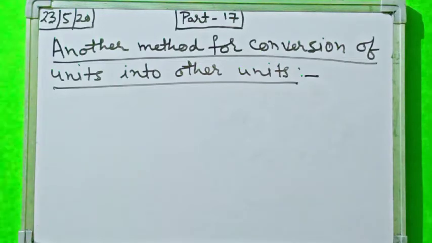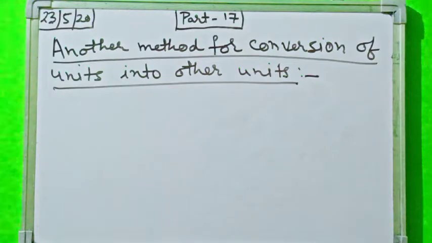If the question is given in one system of unit and we have to convert it into another system of unit, then directly in the given formula we put the values of the unit and convert it into the new system of unit. As we also discussed in the previous video, there is another method, so today we will discuss that method. What is the method?